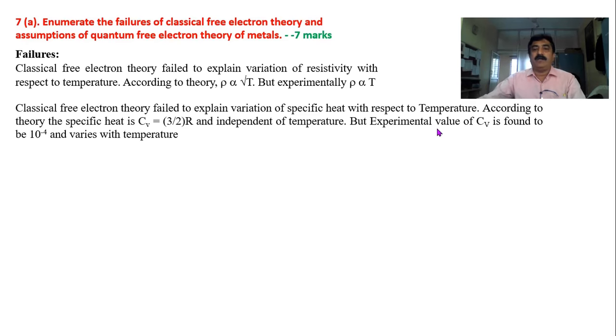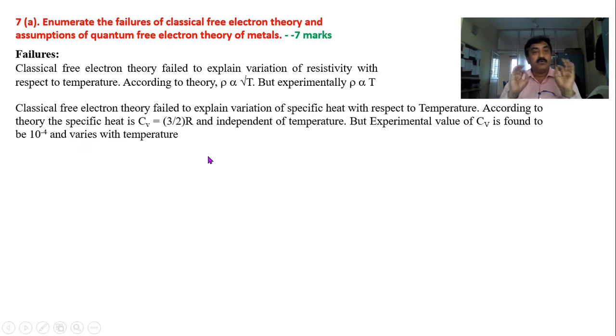What is that complete answer? Here, according to theory, specific heat is 3 by 2 R. So you are defending your answer by giving the equation. CV equals 3 by 2 R is what the theory says. And also theory says specific heat is independent of temperature. But experimentally, specific heat is very small, about 10 power minus 4, and moreover, it varies with temperature.